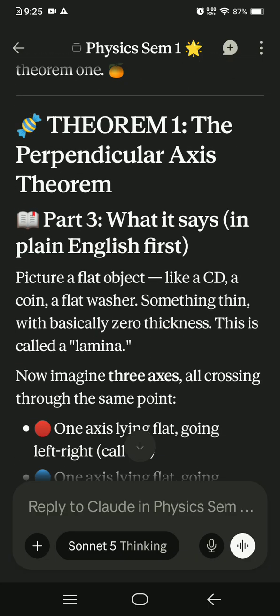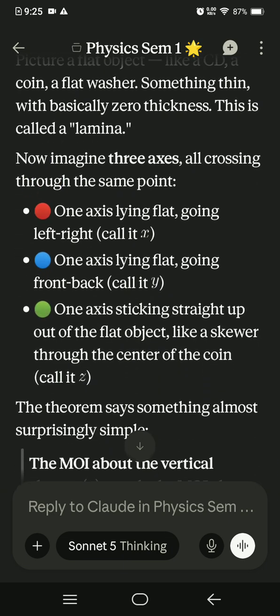So theorem 1, the perpendicular axis theorem. Part 3, what it says in plain English. First, picture a flat object like a CD, a coin, a flat washer, something thin with basically zero thickness. This is called a lamina. Now imagine 3 axes all crossing through the same point.